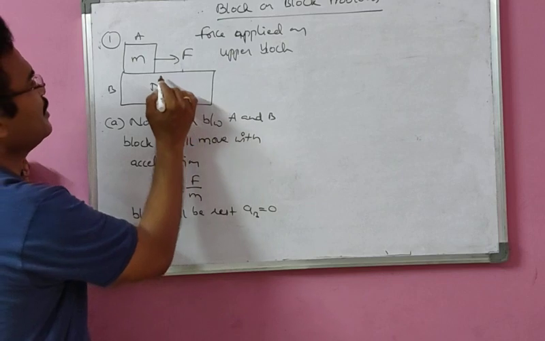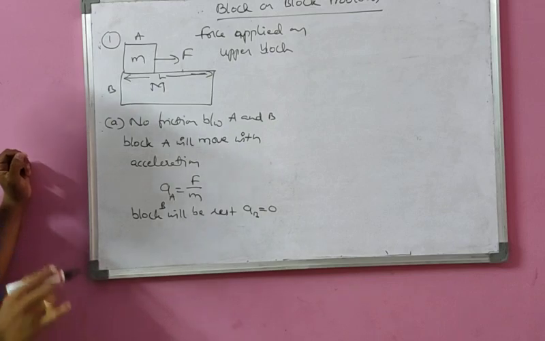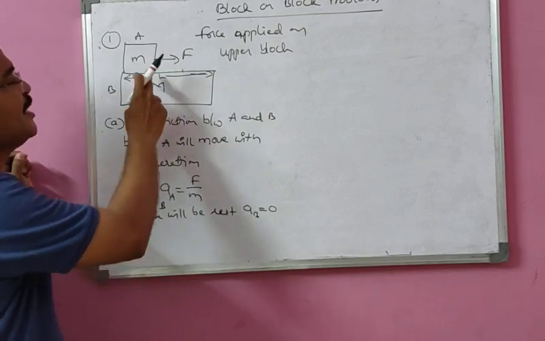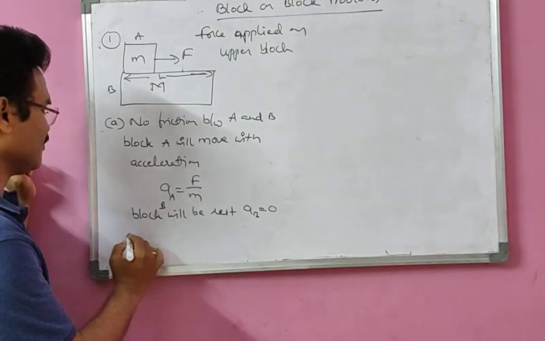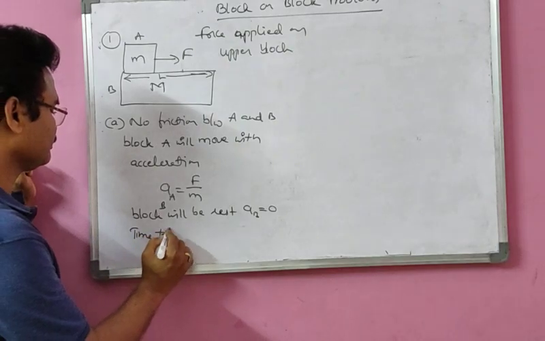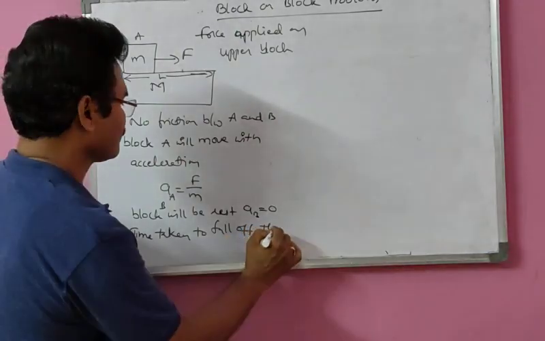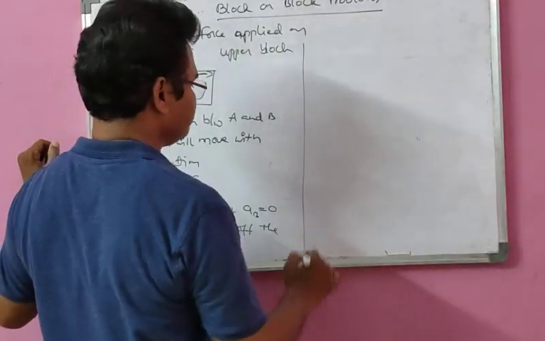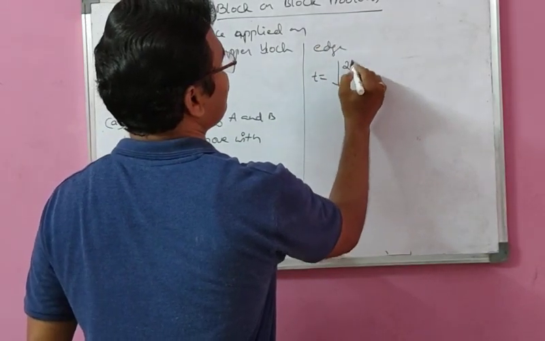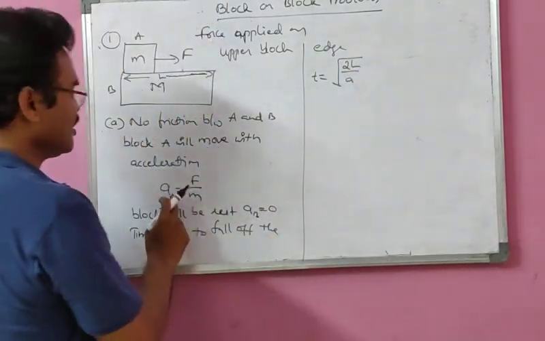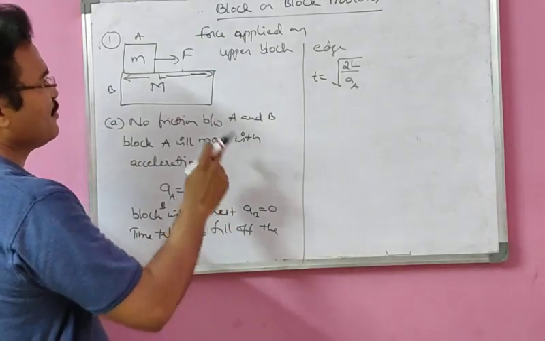Now, for example, L is the width of the lower block. How much time does block m take to fall off the edge of the lower block?